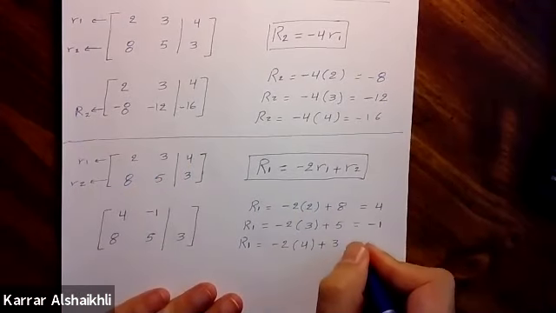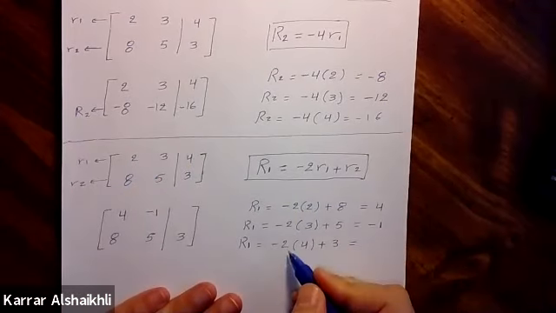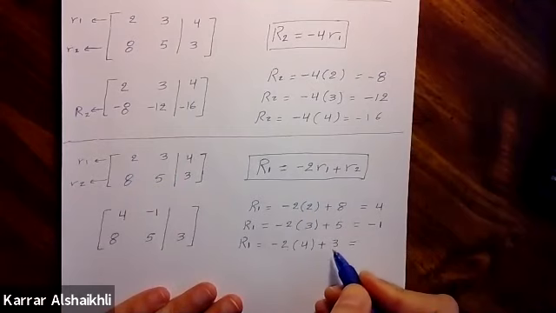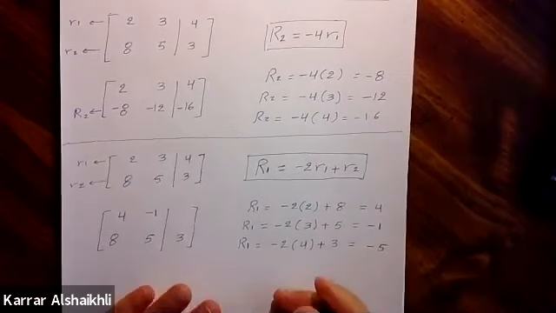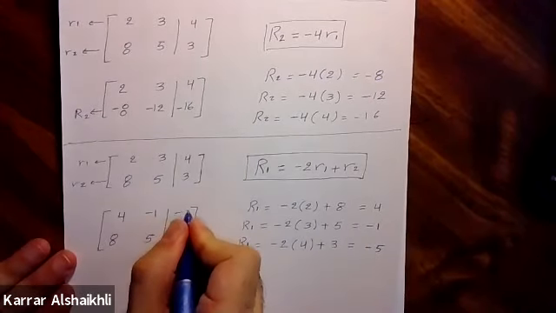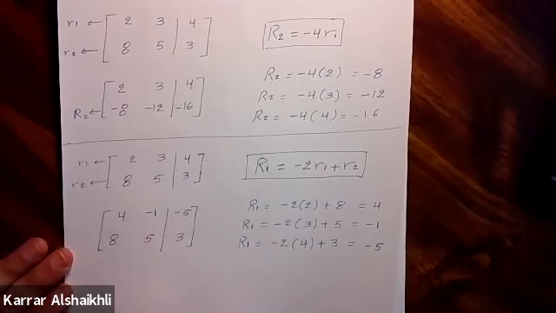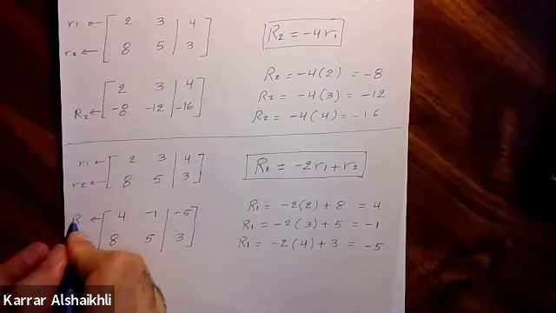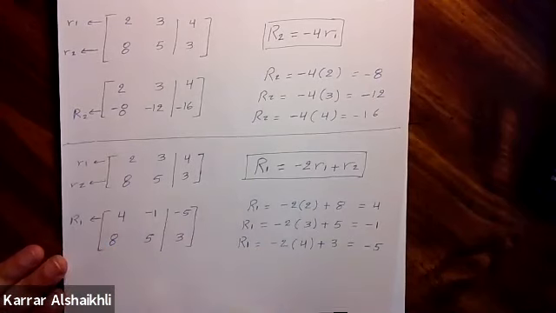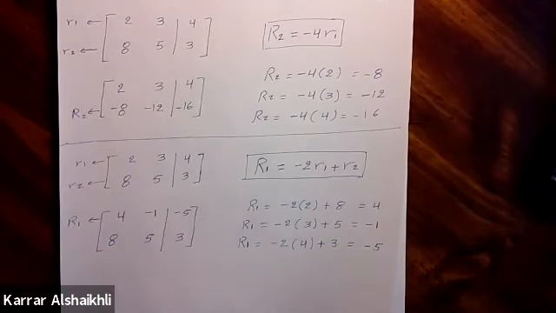So negative 2 times 4 is going to be negative 8. Negative 8 plus 3 is going to be negative 5. So here is negative 5. So we get a new R1. How do we get a new R1? By using this rule.